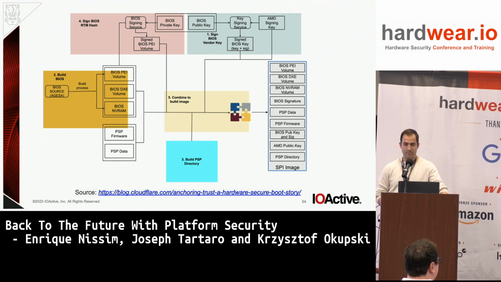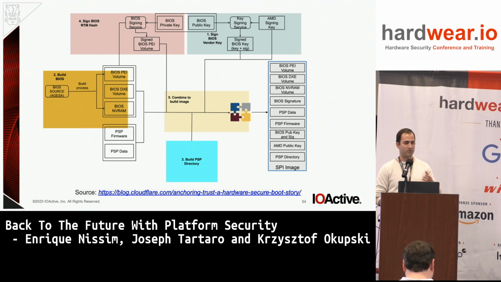In the first step, when a vendor wants to implement secure boot, they first create a key and then let AMD sign it. In the second step, the BIOS is compiled and several different volumes are created. One is the PEI volume. Then we also have the volumes for the later stages, the DXE volumes, and the BIOS and DRAM. Then in the third step, the PSP directory is created. The PSP directory is just a directory of different kinds of entries.